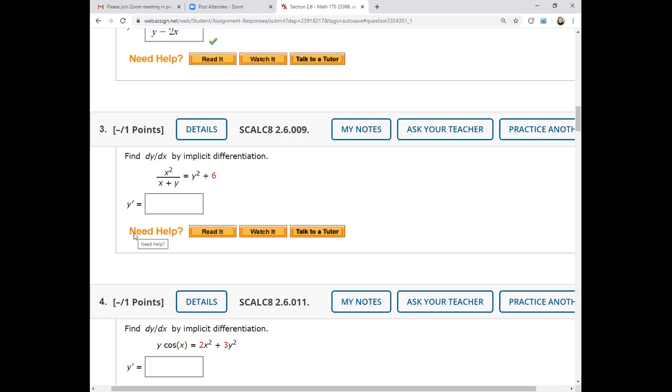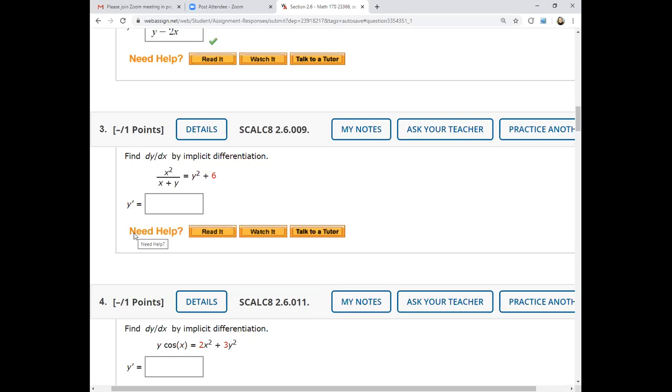Then on the right side, I'm just going to leave it for now as 2y dy/dx times x plus y squared. I'm not going to FOIL that because I need to isolate the dy/dx anyway.